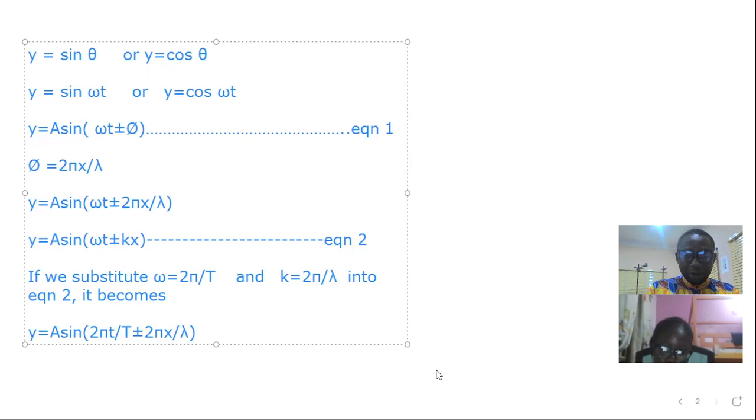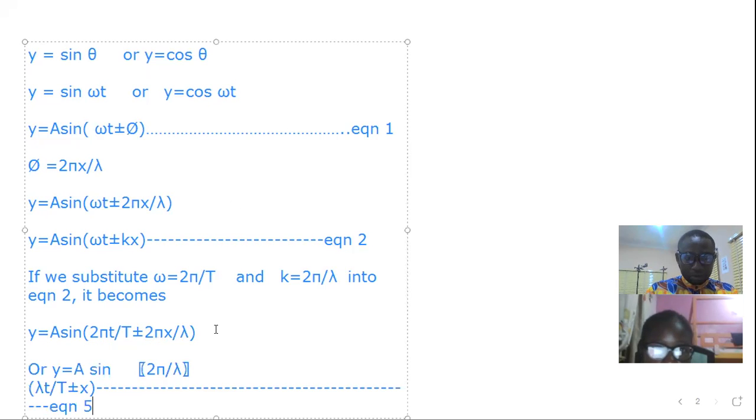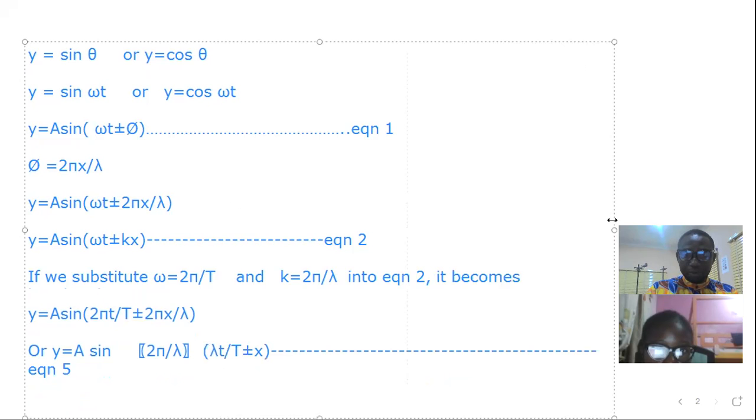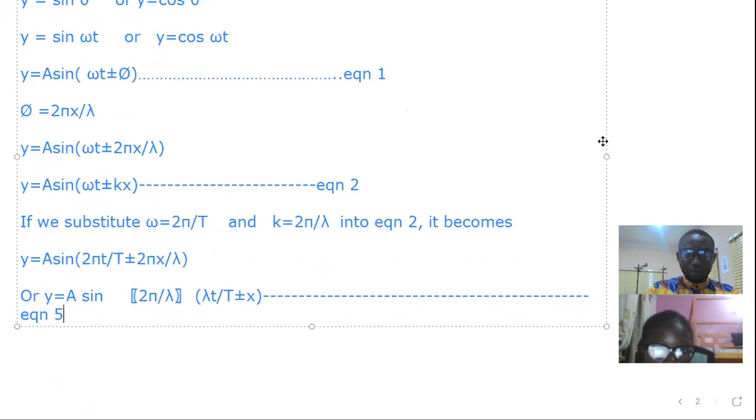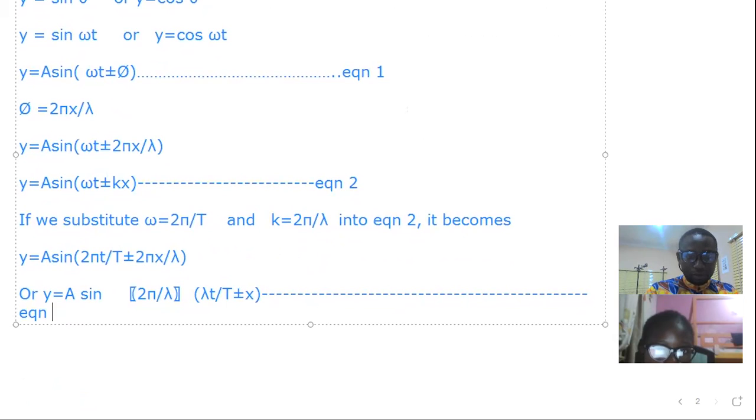Now, if we factorize that equation, we should be having something like this. I'm going to call this equation 3, and I'm going to call this equation 4.